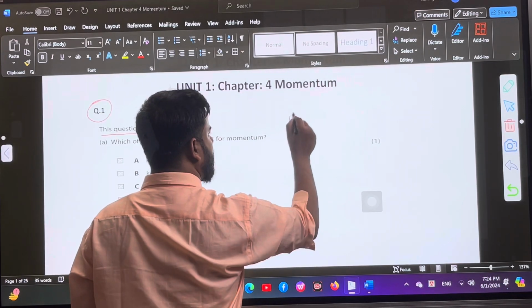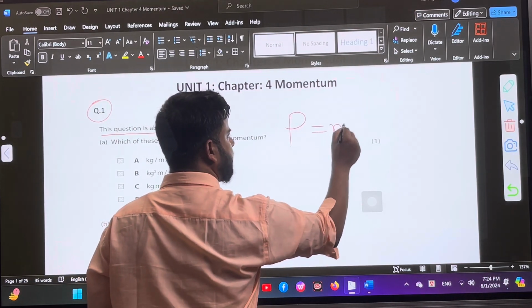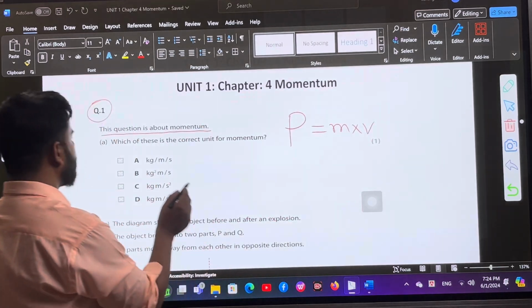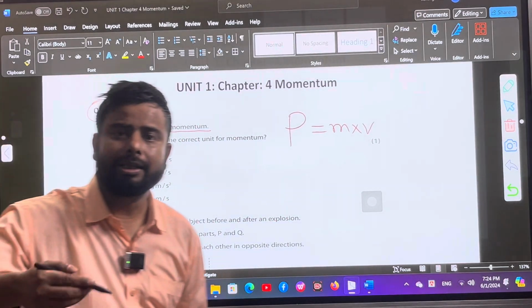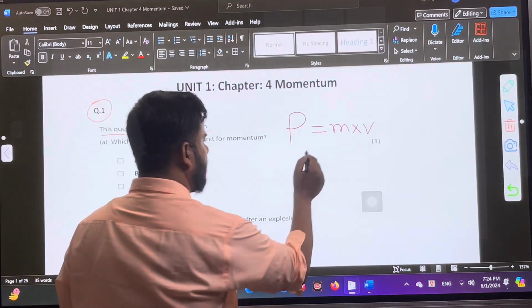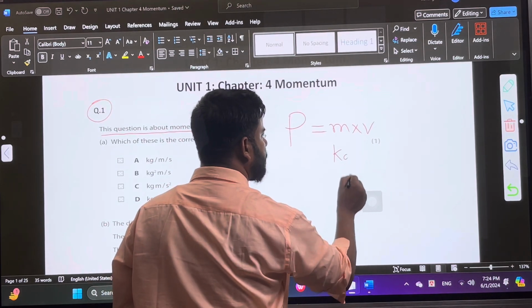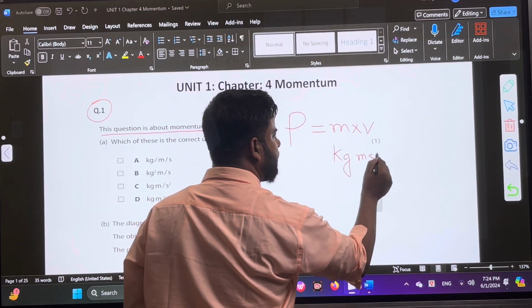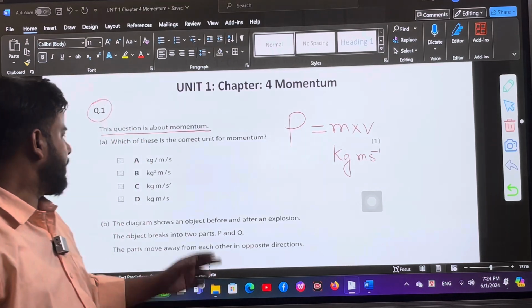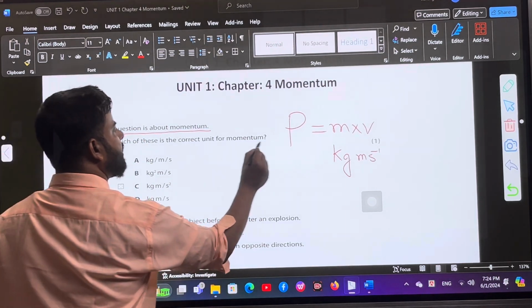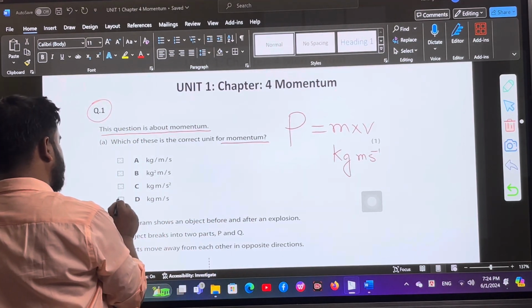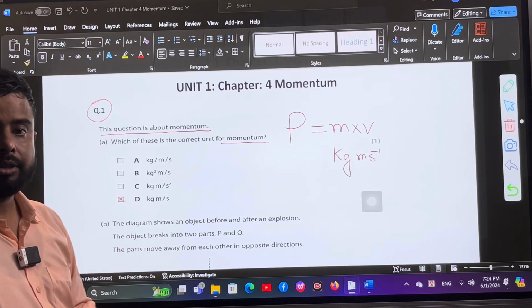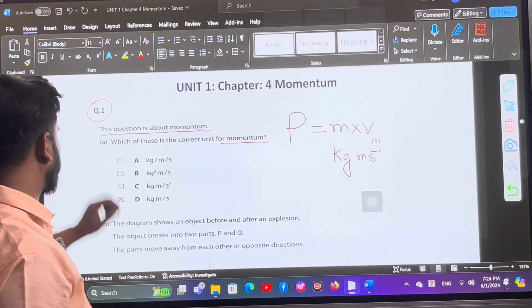Momentum is the product of mass and velocity. The unit of mass is kg, kilogram, and the unit of velocity is meter per second. That's why the unit of momentum is kg meter per second. This is the correct answer.